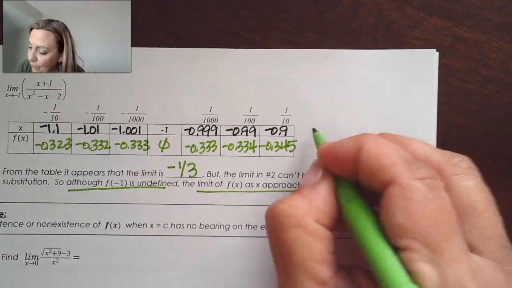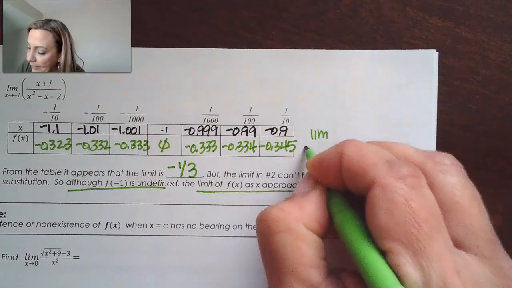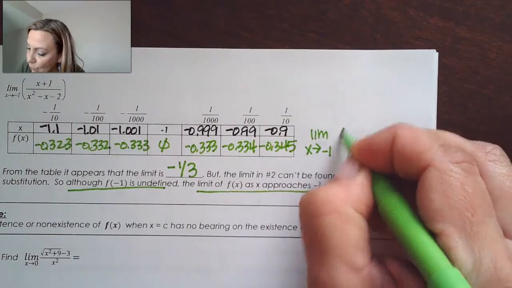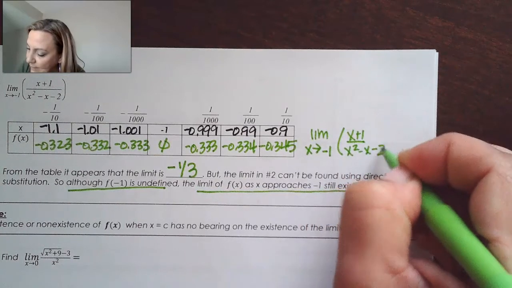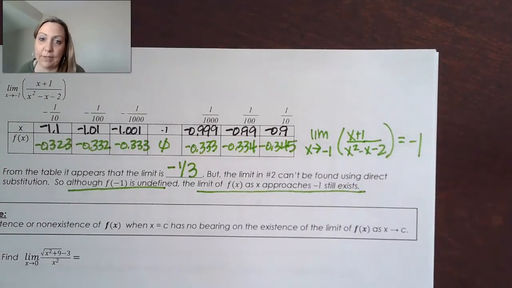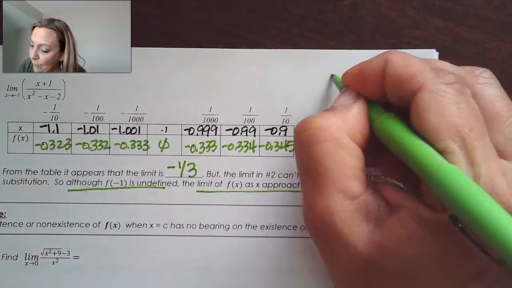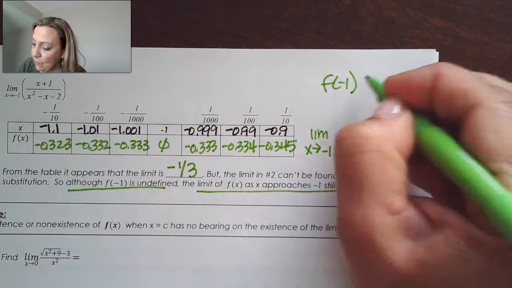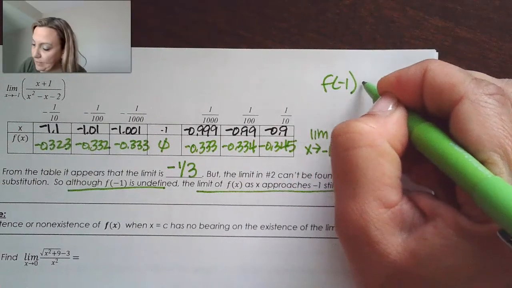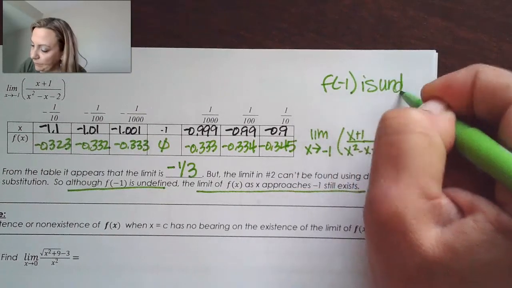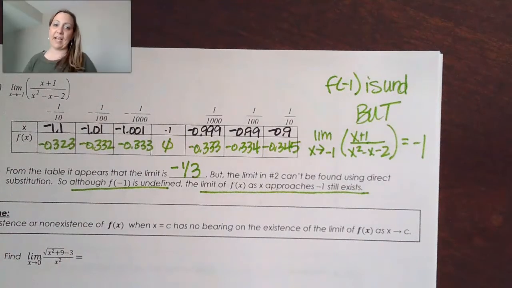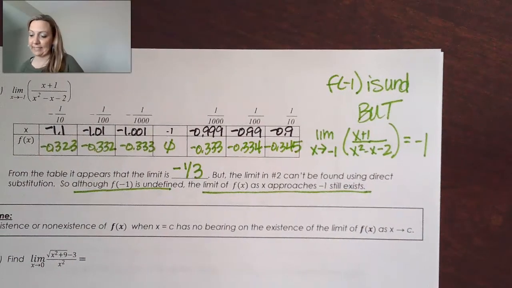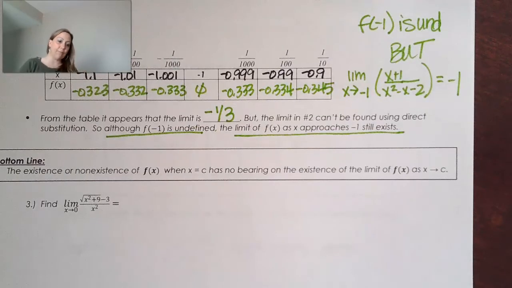So here's a case where we're looking for the limit as x goes to negative 1 of x plus 1 over x squared minus x minus 2, which is negative 1/3. But if we wanted to find f of negative 1, that, notice, is undefined. So here we have a case where it's undefined, but the limit still exists. This really is our bottom line here.